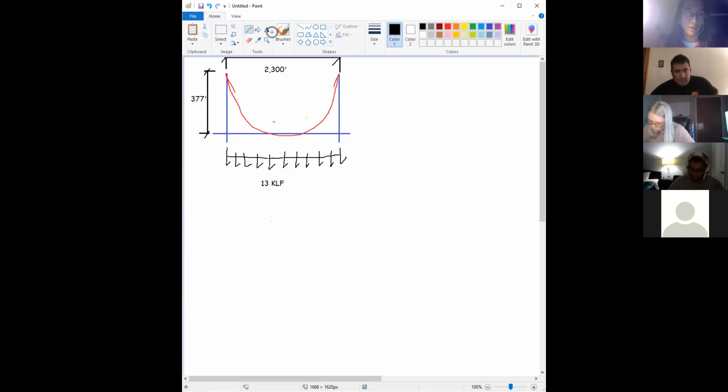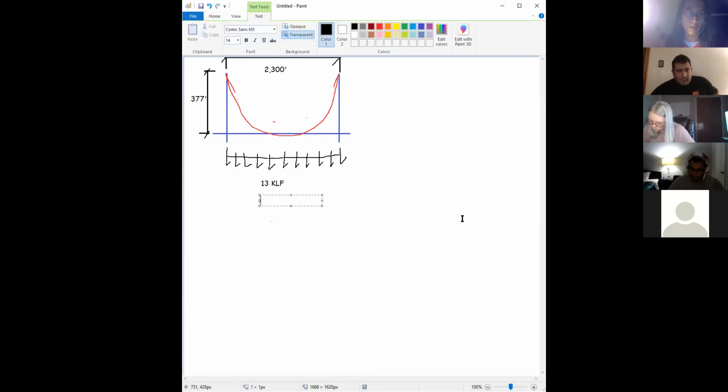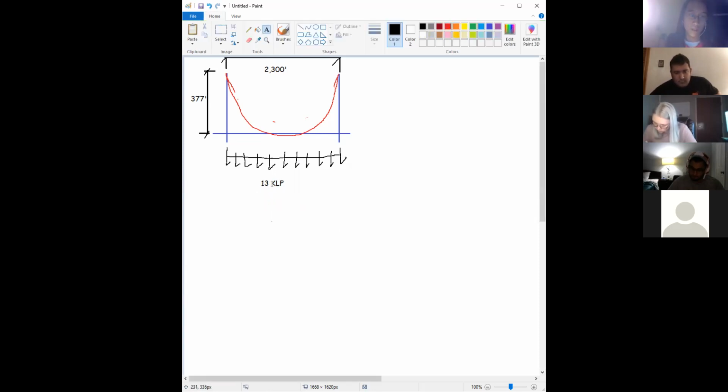You can also have a force across an area, so it would be KSF, kips per square foot. So KLF, KSF. You look at the K and the F: that stands for kips and feet, and the L just stands for linear, so you know it's in one dimension. All right, so that's all for the bridge.